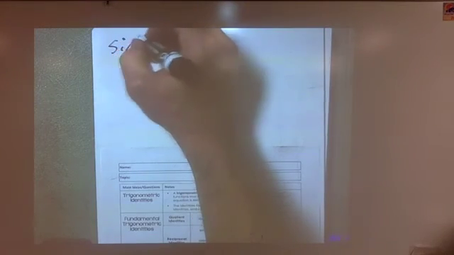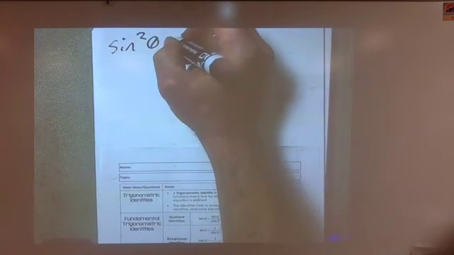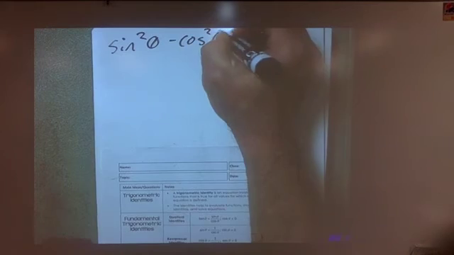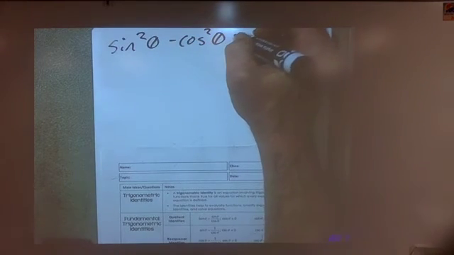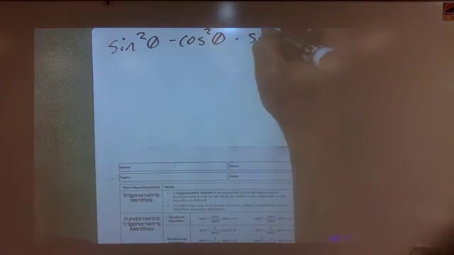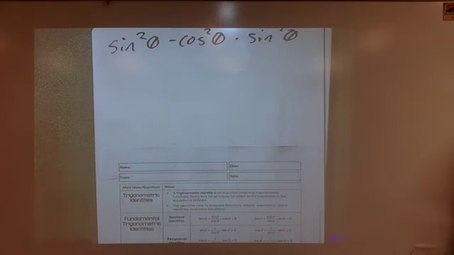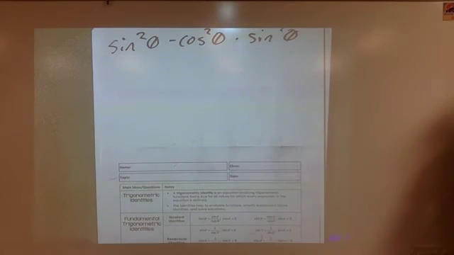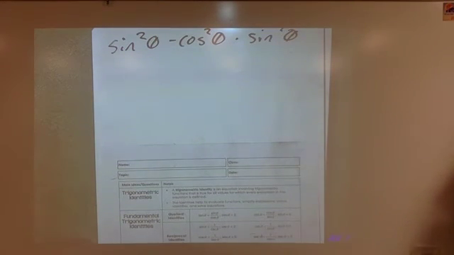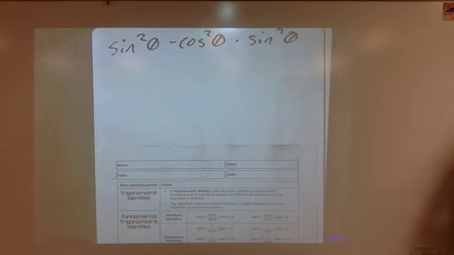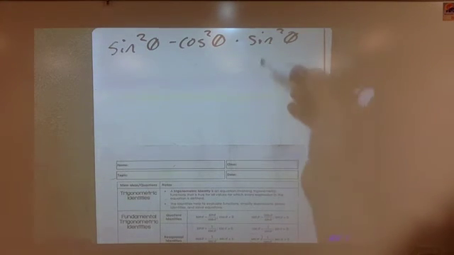All right, one more. Sine squared theta minus cosine squared theta times sine squared theta. When is enough, people? All right, sine squared theta minus cosine squared theta times sine squared theta. Well, I'm going to guess that we got to get rid of this sine squared theta.